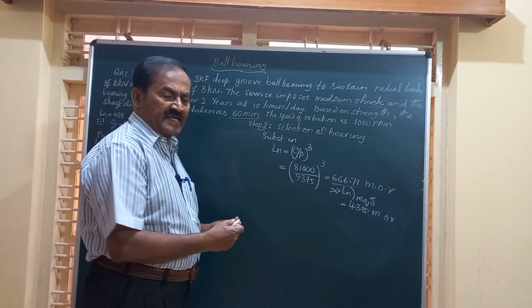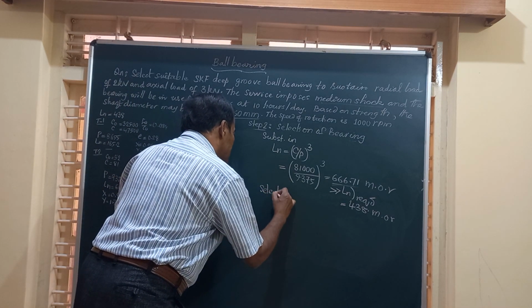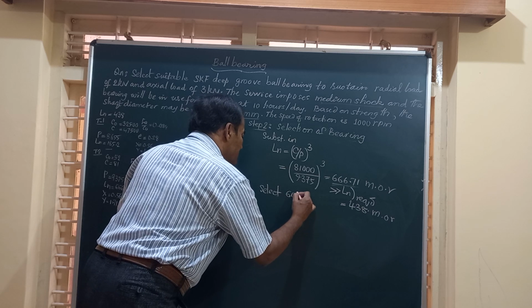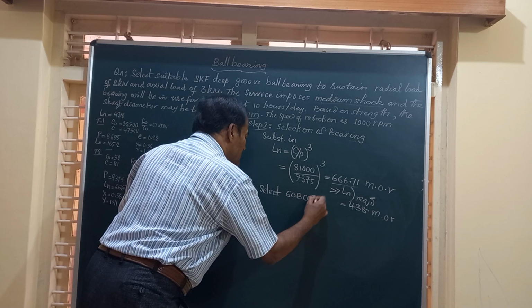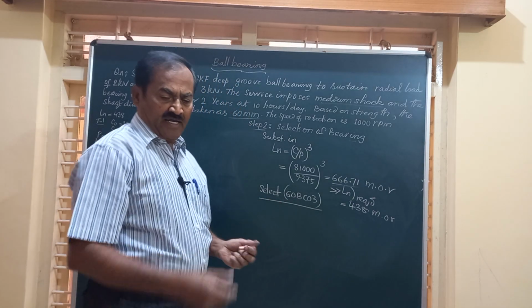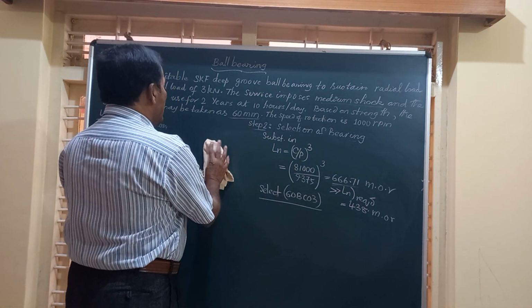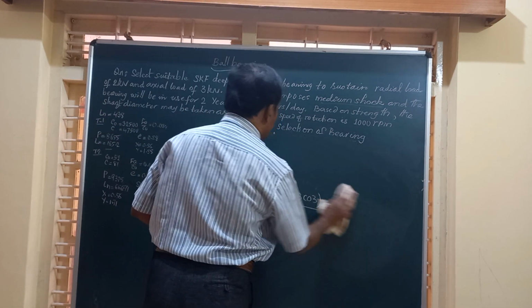Hence, what do we do when it is satisfying the requirement? We say select bearing 60 BC 03. This you have to select, and after getting the right bearing, you have to write a simple sketch of that bearing.